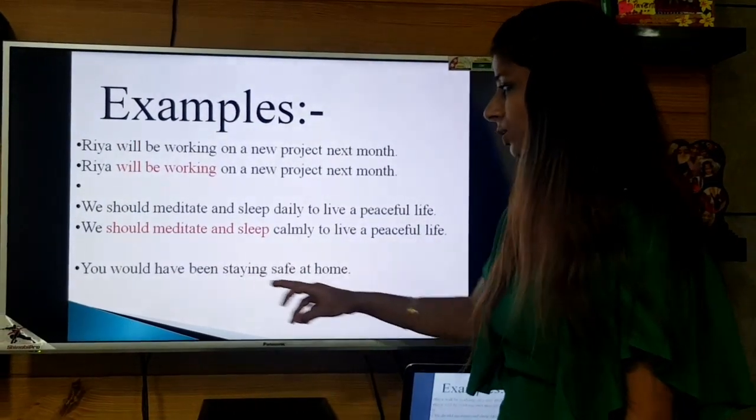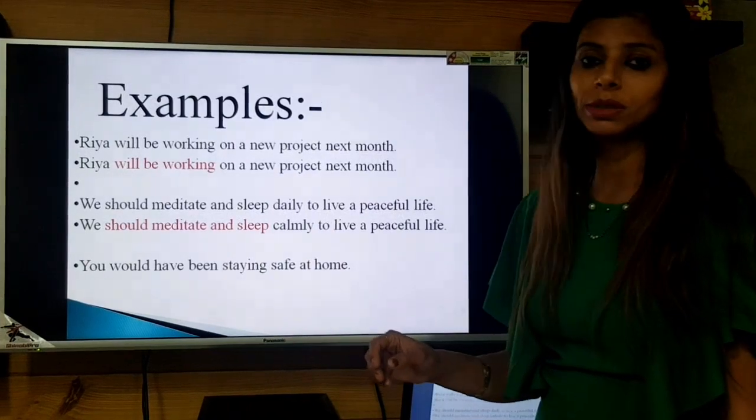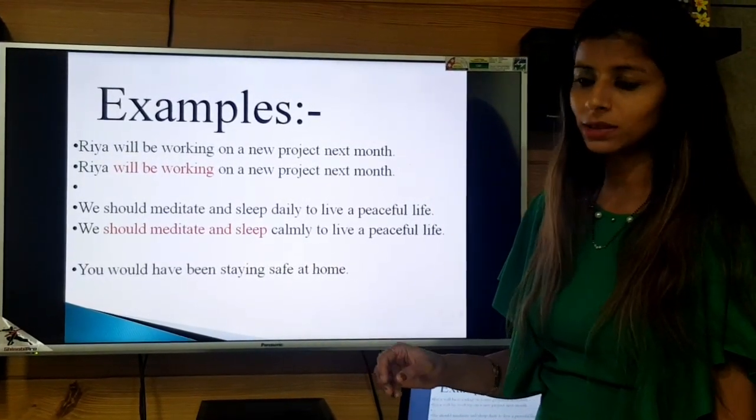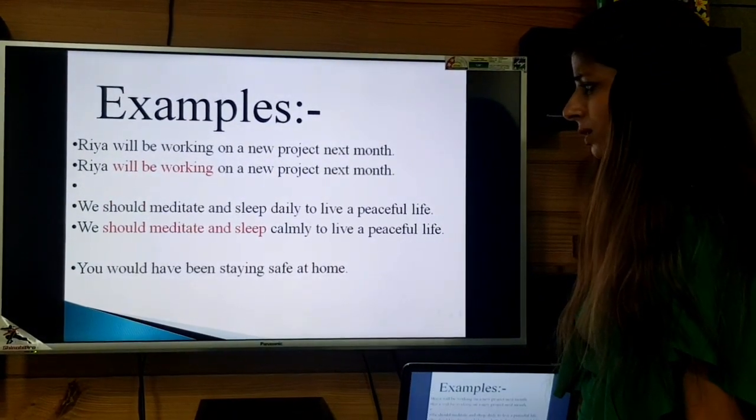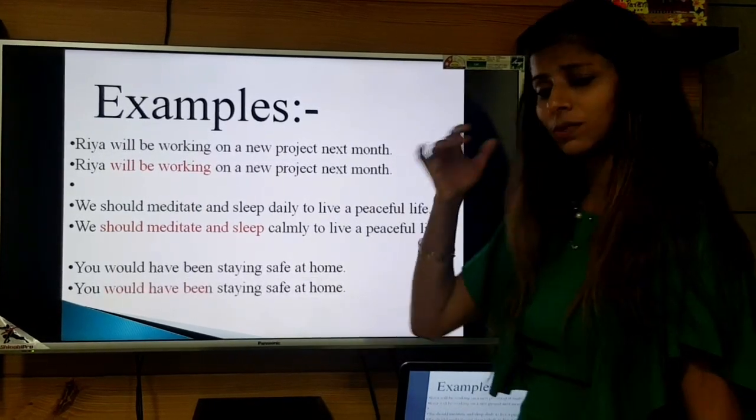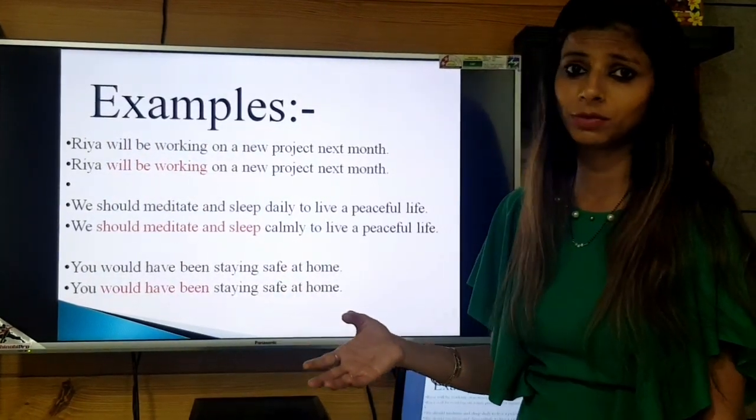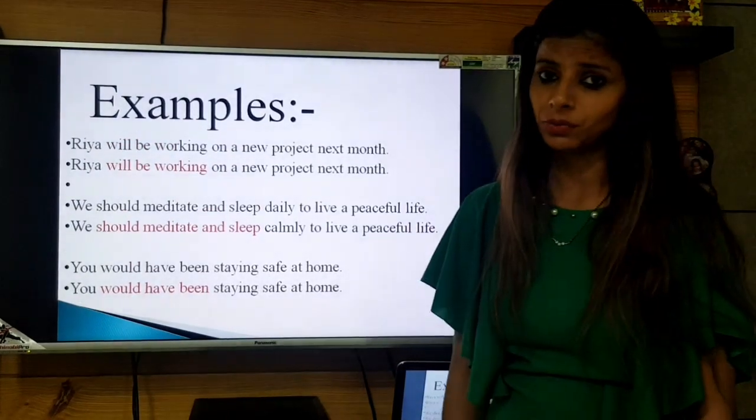So the combination of these four would be taken as a verb phrase, right? So it is very simple to spot as we are clear with the concept of verb. So this was all about verb phrase.